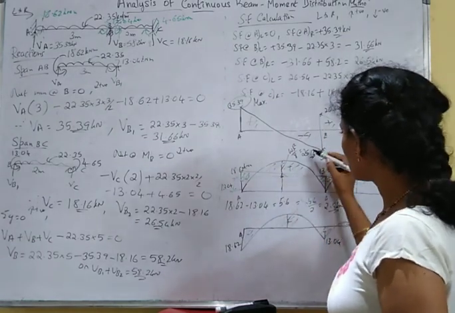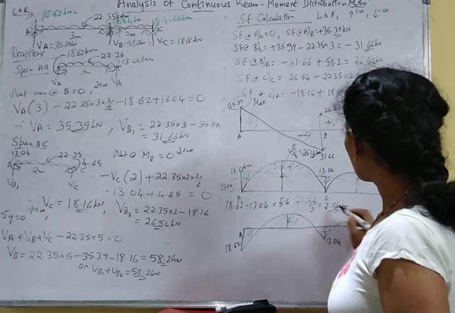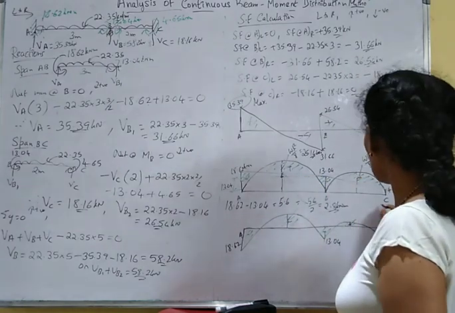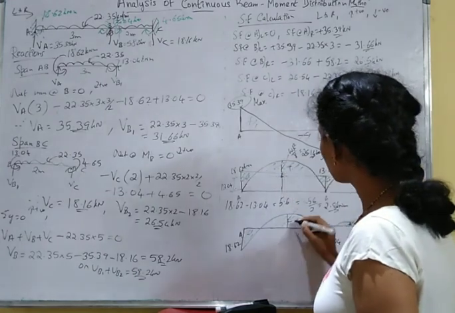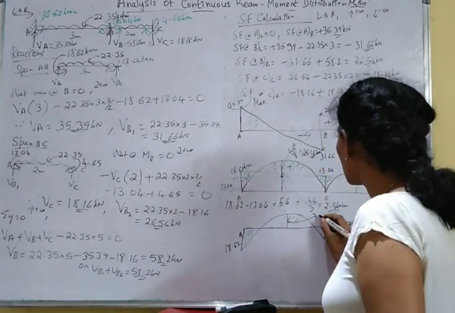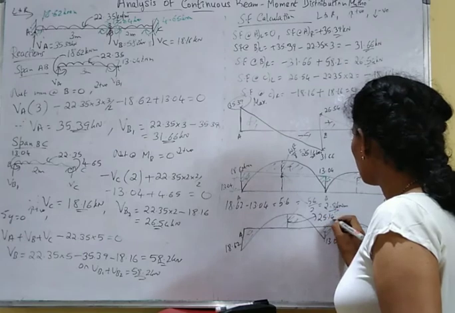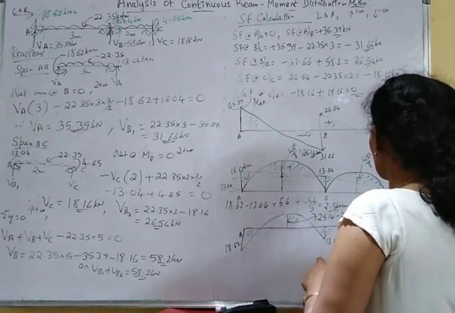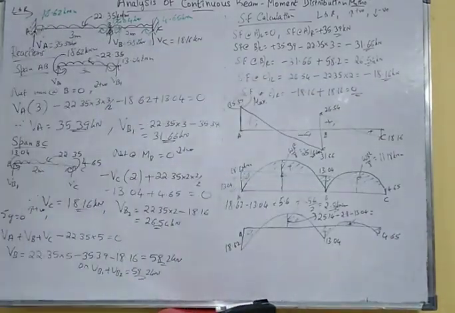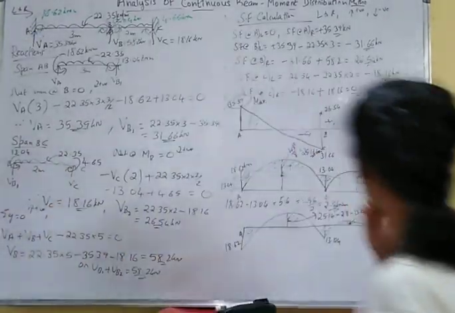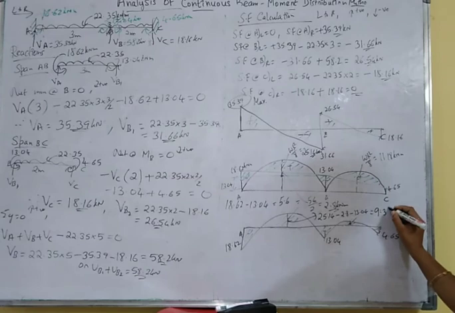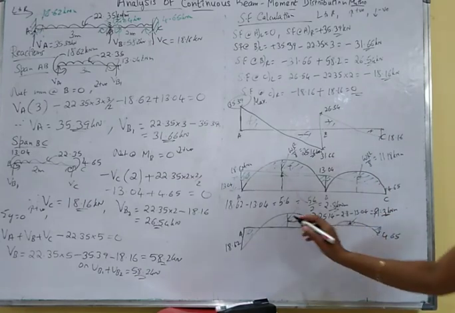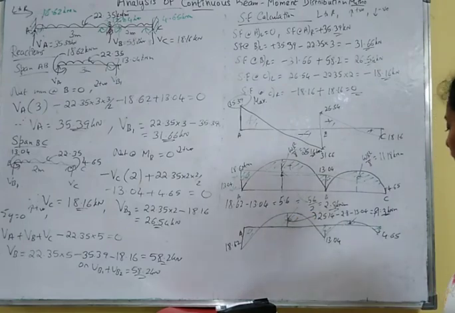So total is 25.14 minus 2.8 minus 13.04. You will have the final moment, that is this moment is nothing but 25.14 minus 2.8 minus 13.04. You will have how much? 9.3 kilonewton meter. So positive value, maximum value what you will have.